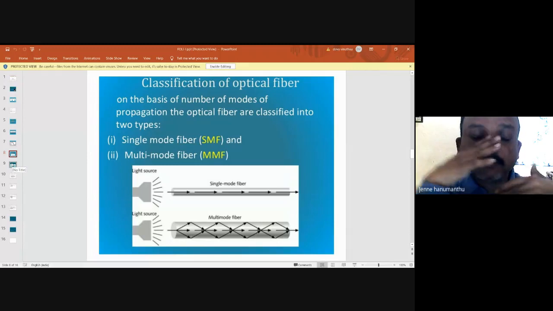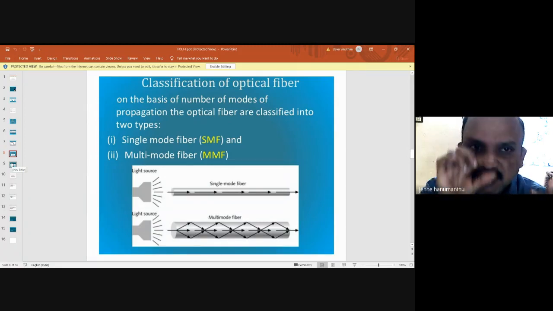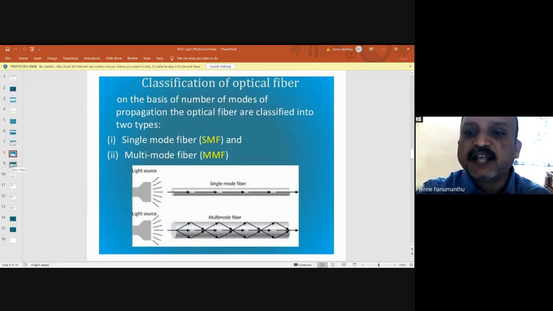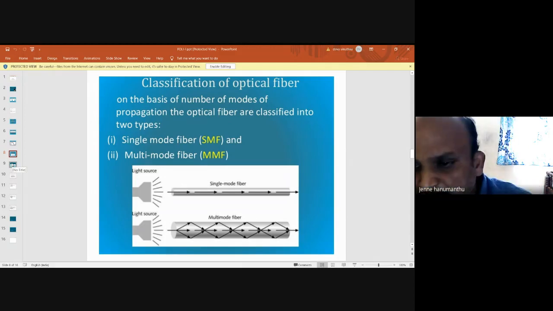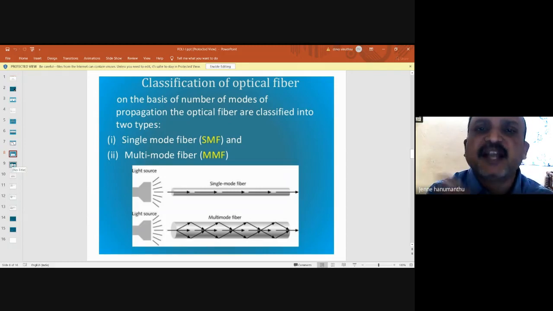We are not expecting overlapping signals at the end. We are sending light signal as a pulse. The same light we are expecting at the end. If you are not getting the same width of pulse at the end, that is called pulse spreading. It is also called pulse broadening.